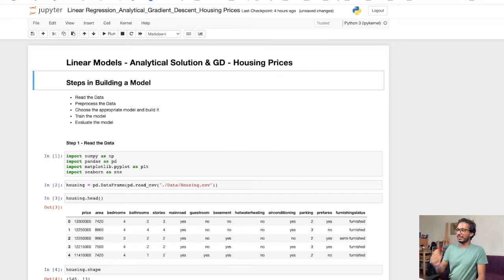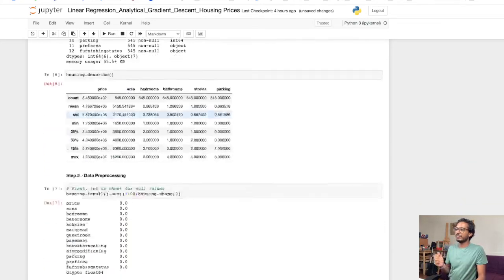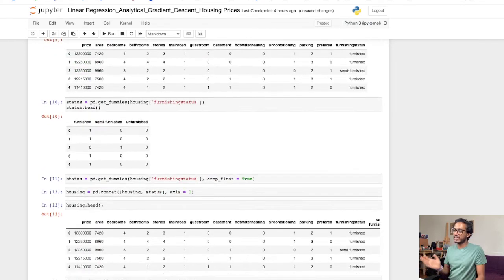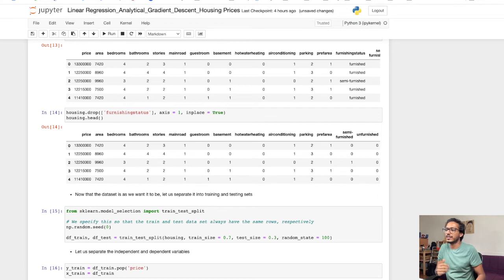We built the model as usual, read the data and pre-processed the data. I'll be uploading this notebook so you can have a look at it. I'm not going to go through this part again because we did a couple of exercises in pre-processing and visualizing the data.